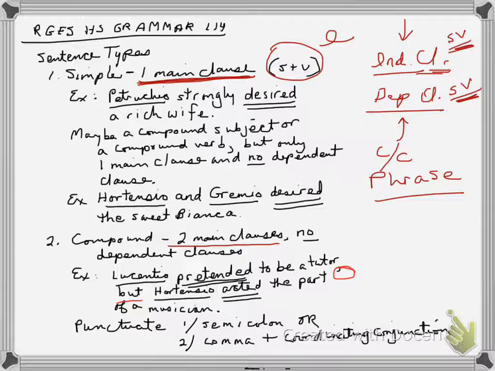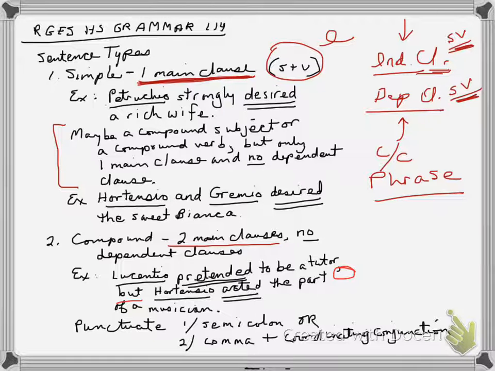I'm trying to give you examples more like you would be writing. You don't write, the boy ran up the hill. But here you still have one subject, one verb, one main clause. It may be a compound subject or a compound verb, but only one main clause and no dependent clauses.